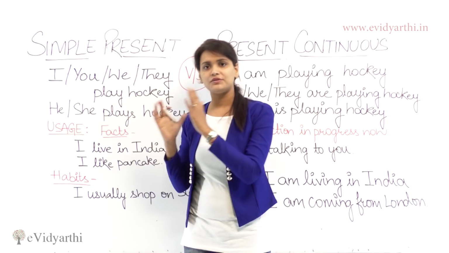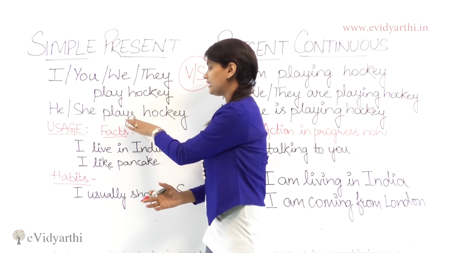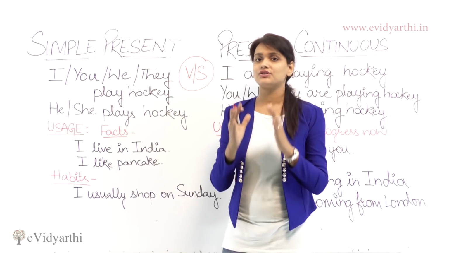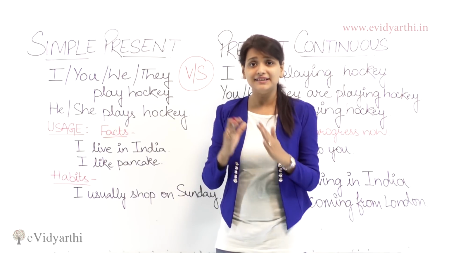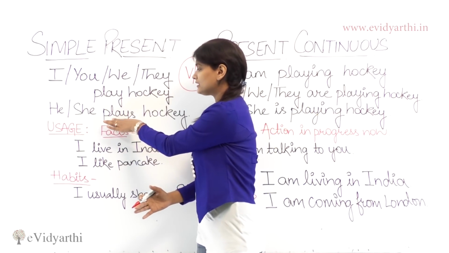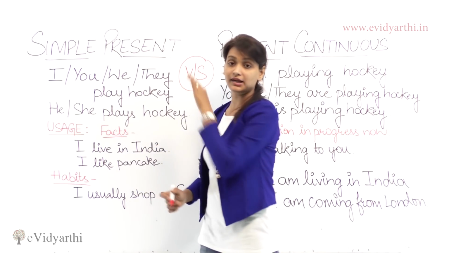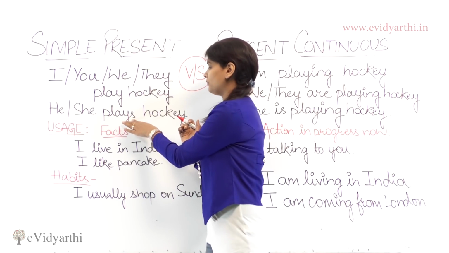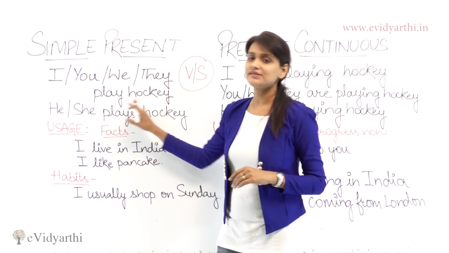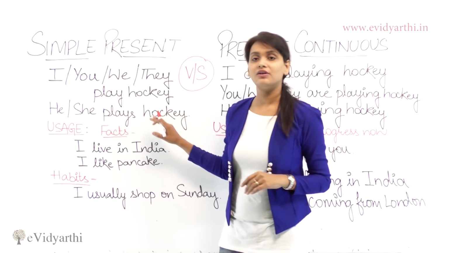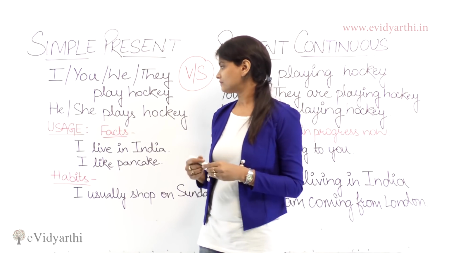So with some main verbs or action verbs, we add s, and with some, we add es, right? So here, this main verb demands only s with it. So, he plays hockey, she plays hockey, right?